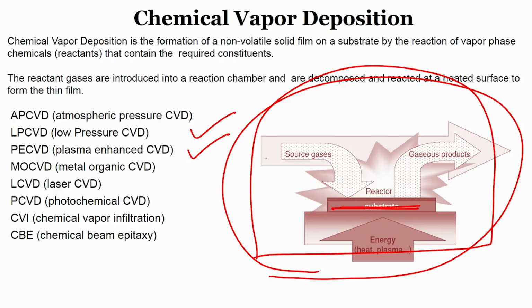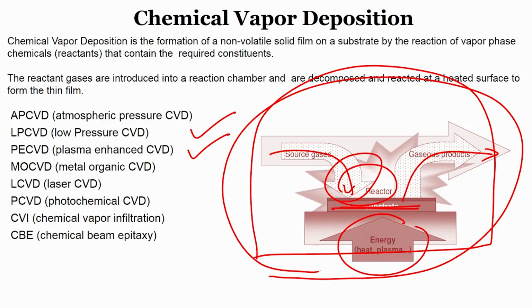Then there are source gases that we have introduced, and a reaction occurs on the substrate, and then the not useful gases, the byproducts of this particular reaction, are thrown out of the chamber.